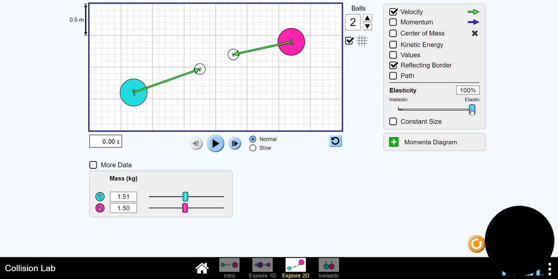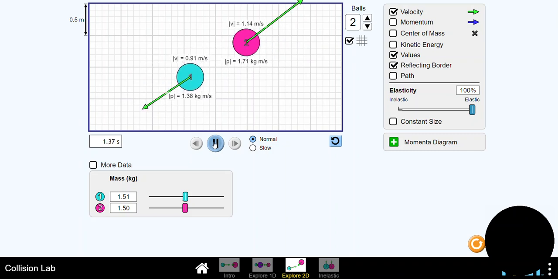You can select if you want an elastic or inelastic collision, and you can also have your values. So let us represent the collision now. And this is the collision, the values of velocity before and after, the values of linear momentum before and after.